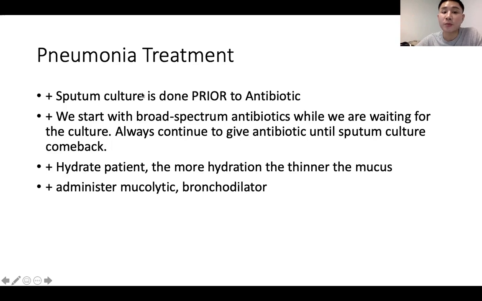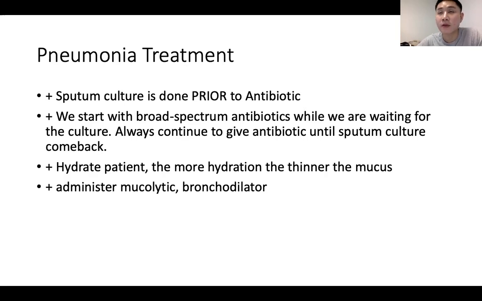So the treatment for pneumonia is, of course, we do a sputum culture, and then we give the antibiotic. We start with a broad spectrum antibiotic while we're waiting for the culture. Always continue to give antibiotic until the sputum culture comes back. There's a thing with antibiotics. Whenever an antibiotic is prescribed, for example for 10 days, the patient must take the whole course for 10 days.